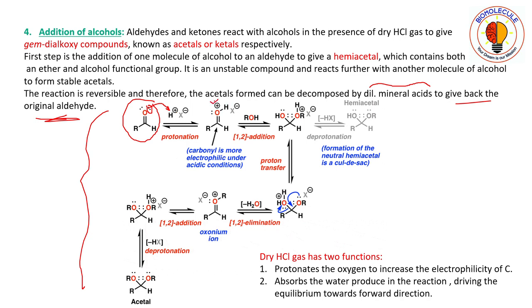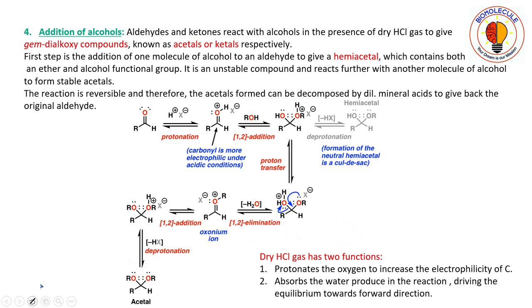This oxygen atom will bear a positive charge, so this electronegative atom bearing a positive charge will pull the pi bonded electrons more towards itself, thus making this carbonyl carbon more electrophilic in nature. That means electrophilicity increases, so its reactivity increases.